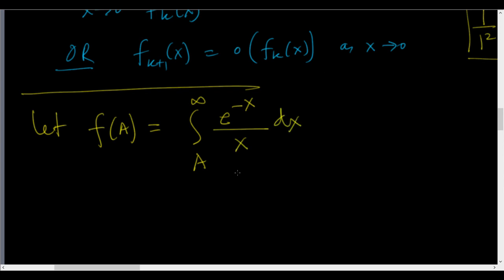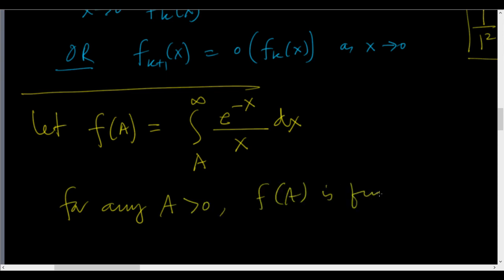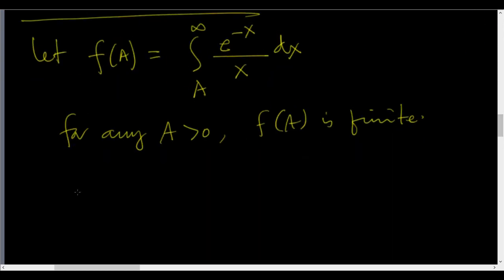This is called the exponential integral. So you can see x is a dummy variable of integration, a is a parameter, so this is f of a, right? Now for any a greater than 0, f of a is finite, no problem. Okay, now we can develop a series for this by integration by parts.